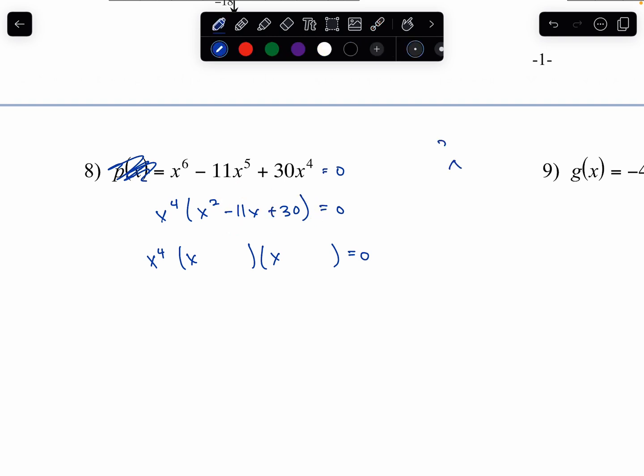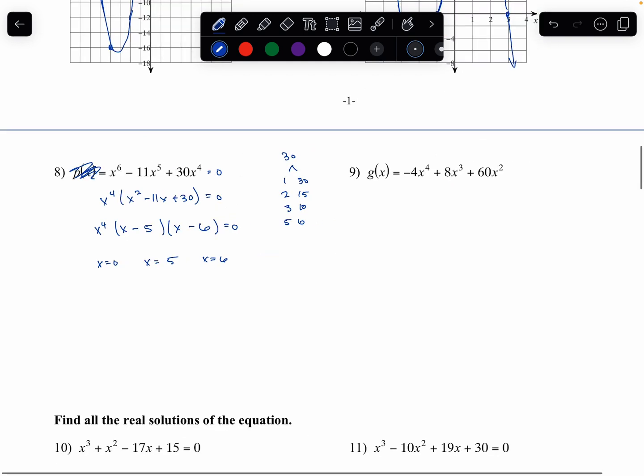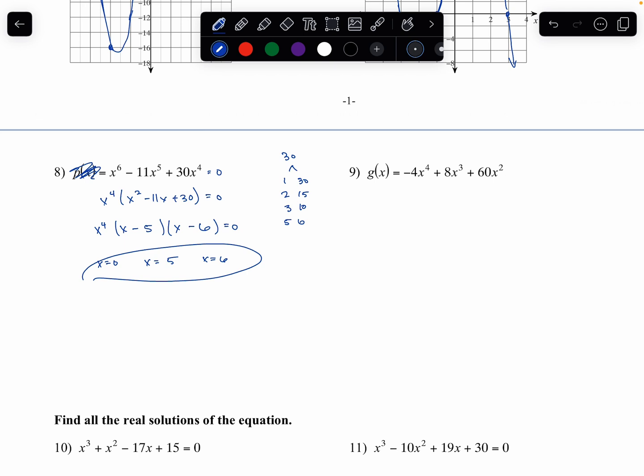For 30, that's 1 and 30, 2 and 15, 3 and 10, 4 is not divisible, 5 and 6, so negative 5 and negative 6. So x equals 0 would be a solution, x equals 5, and x equals 6. Those are the three solutions there. And this has a multiplicity of 4.